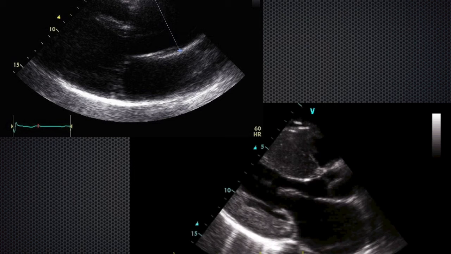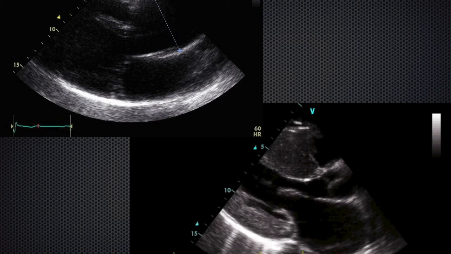Commonly in these patients, they also will have problems with their aortic valve functioning properly, and risk of getting life-threatening pericardial effusions as well, and tamponade.